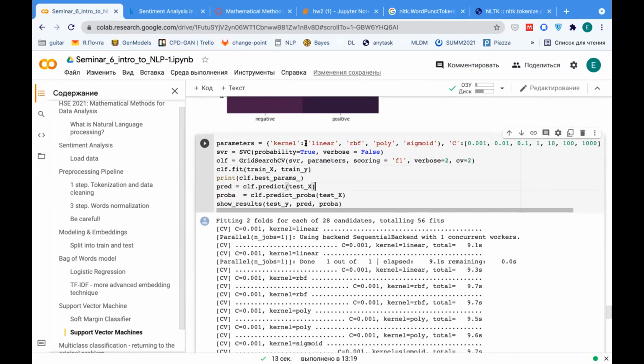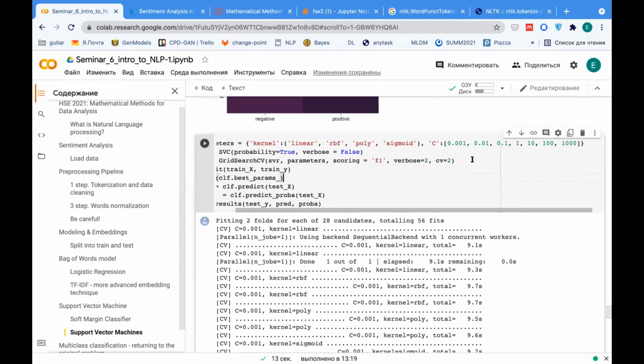We can have just a linear kernel, which is the linear case, or we can use something more interesting like polynomial or RBF and so on. And we will try all of them.